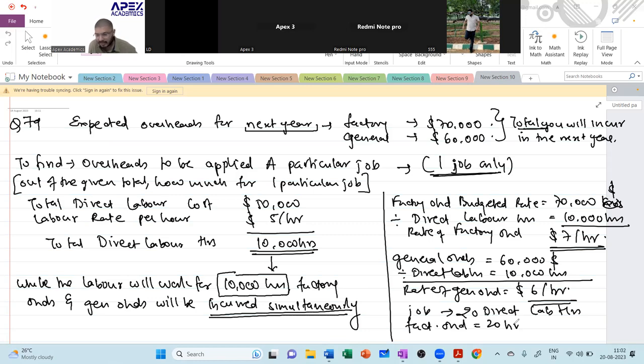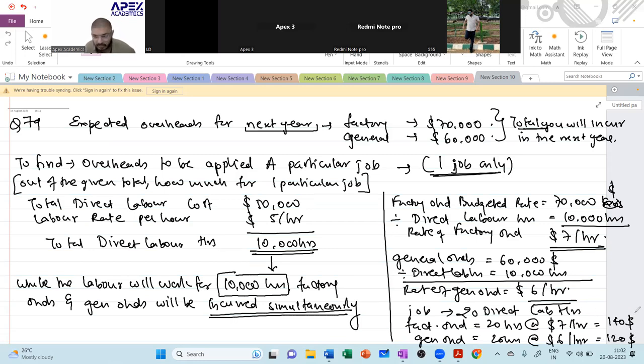You are looking at 20 hours at the rate of $7 per hour, which is equal to $140. Then general overheads will be allocated at 20 hours at the rate of $6 per hour, so that is $120.